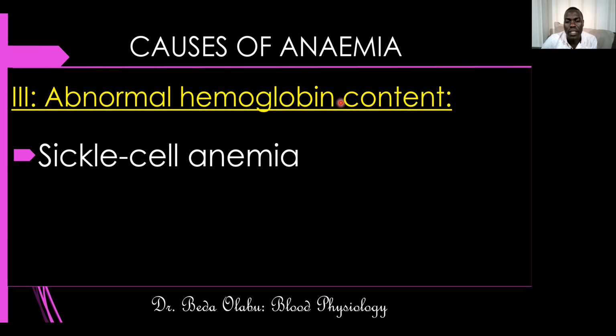The A stands for adult, as opposed to in fetal life where we usually have HbF, F for fetal. So there are different types of hemoglobin. HbF and HbA are normal depending on the age of the individual, but HbS is abnormal. This HbS usually has a lower potential of carrying oxygen, and that's why these patients are also considered anemic.